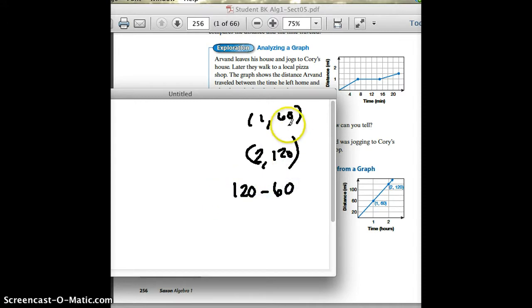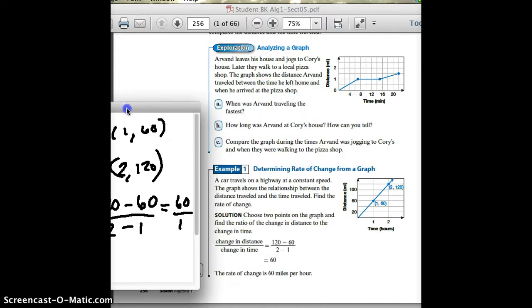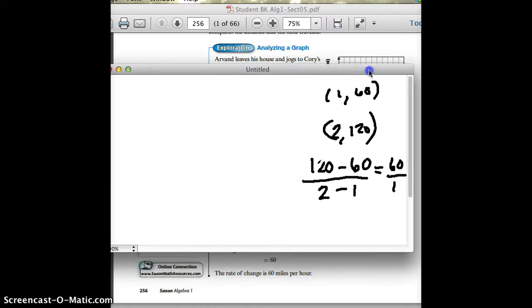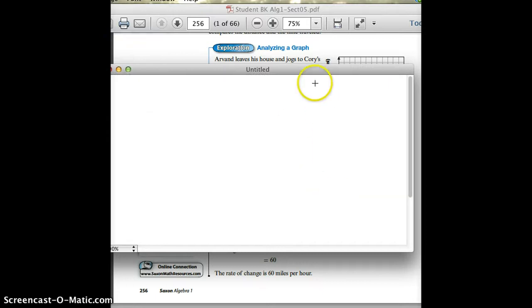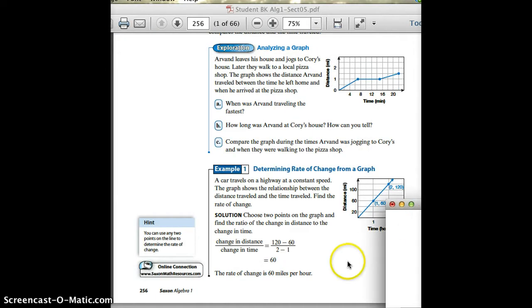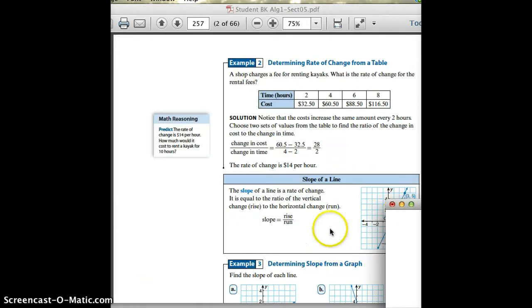Notice I do the second one minus the first, over 2 minus 1, and that gives me 60 over 1. So the rate of change is 60. Bingo. 60, in this case it was miles per hour. So that's just the first example. Let's go ahead to the next example to get a better understanding about this.